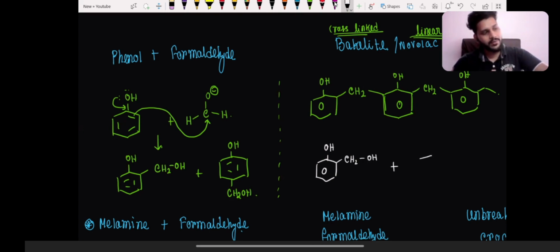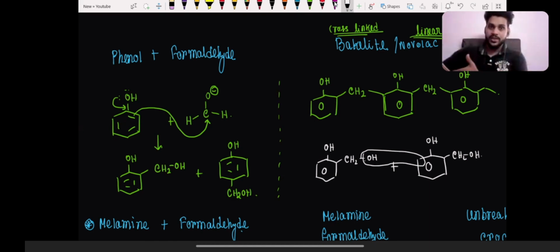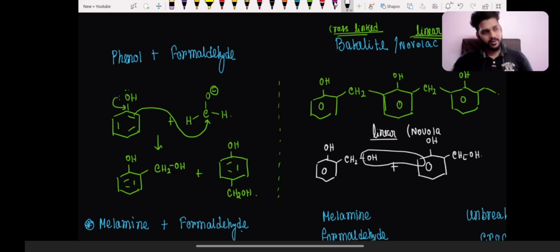Then I reacted with another OH, CH2, OH. Then I combine these two segments together. This is how the combination is going, in the ortho way. So if that happens, this is the linear polymer. You can clearly see that. This is my novolac.